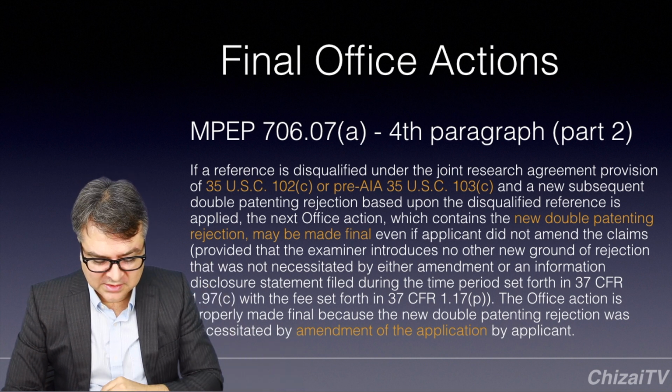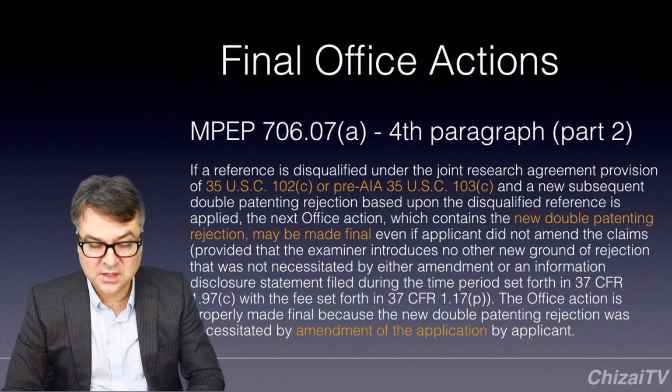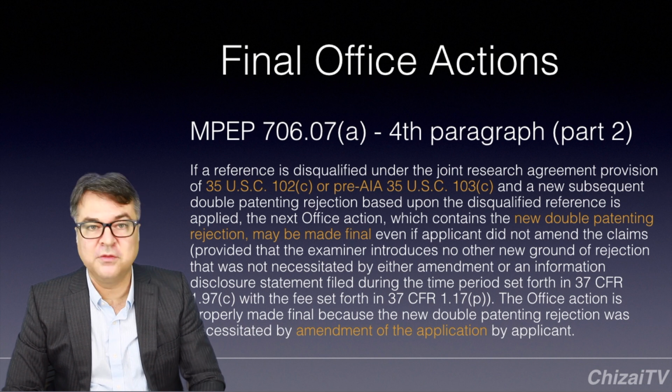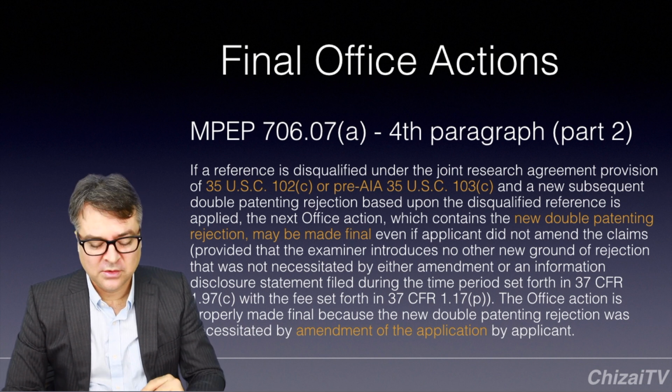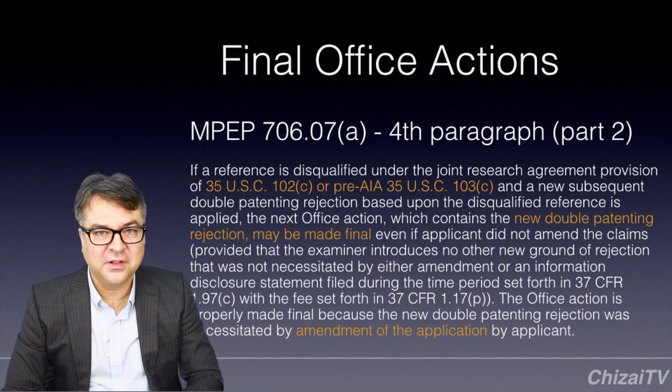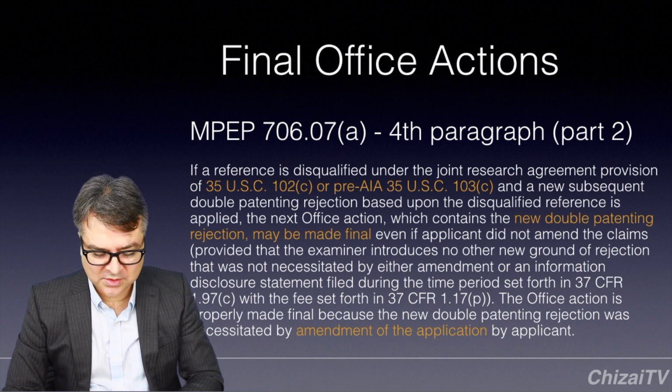And then the final sentence: the office action is properly made final because the new double patenting rejection was necessitated by amendment of the application. So this is not amendment of the claims necessarily, it's amendment of the application in this situation. So it's considered that the application is amended here, therefore the next action could be final.